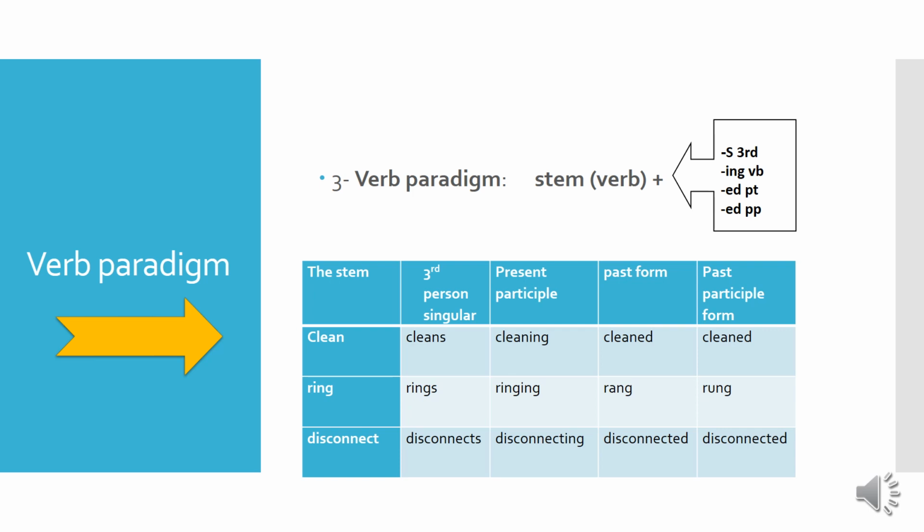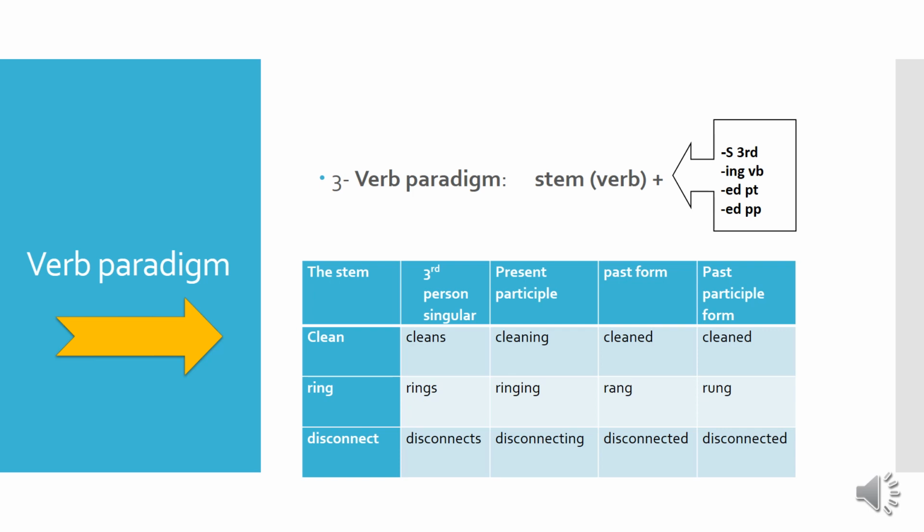Let's have some examples of verbs and put them in the verb paradigm. For example, the verb clean. Clean is the stem. With the s third person singular form, we have cleans. We just add the s third. With the present participle, we have cleaning.